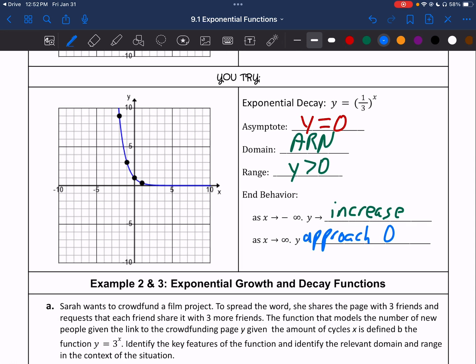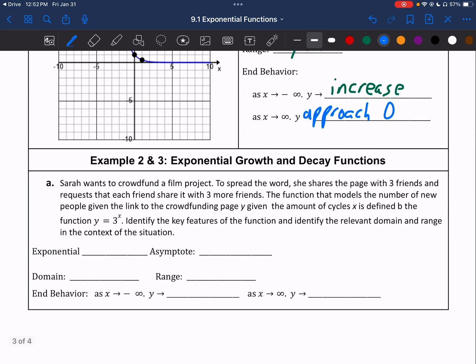Now, for example 2 and 3, we've got some word problems, and we are going to break down some of the key features of the problem, and we are going to identify the relevant domain and range in the context. So, Sarah wants to crowdfund a film project. To spread the word, she shares the page with 3 friends and requests that each friend share it with 3 more friends.